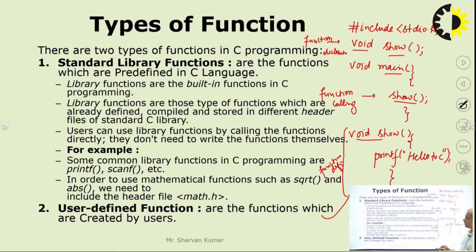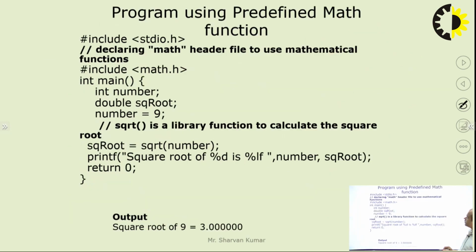If I talk about the library function, we see in this program that we are using the math.h file. In math.h we are going to use the square root function to find the square root of a number. For that we declare two variables, number and square root.